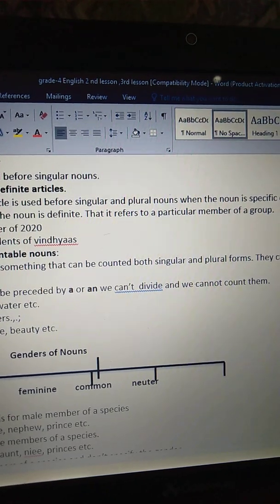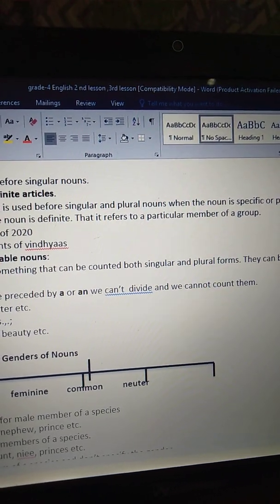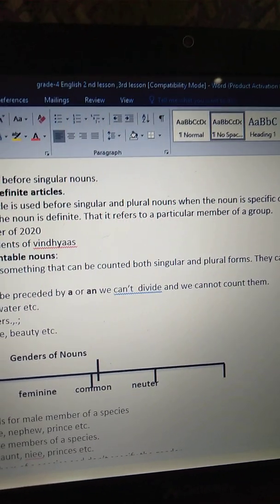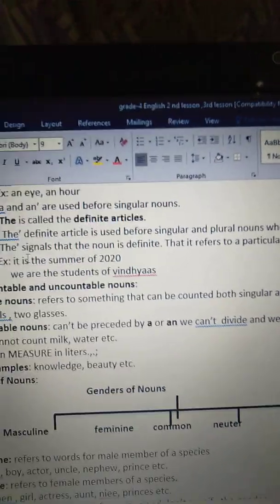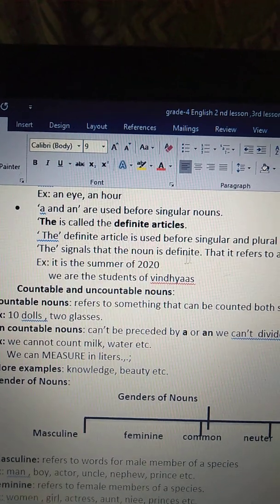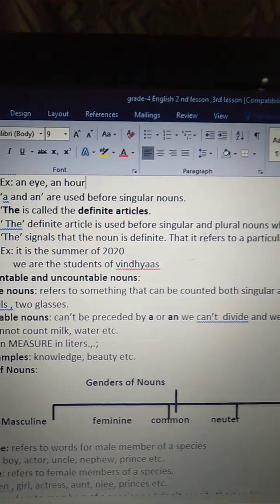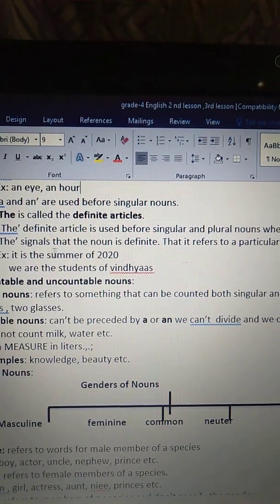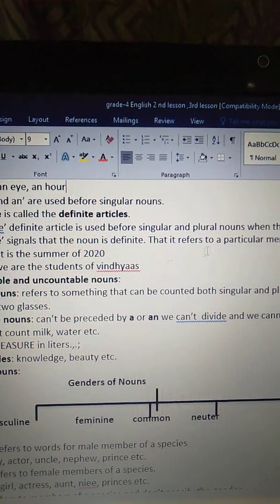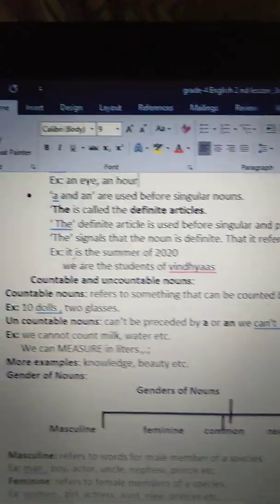When the noun is specific or particular, we can say that noun is a specific noun or a particular noun. Okay, the signals that the noun is definite, that it refers to a particular member of a group, and we will use the to refer to a particular member of a group.